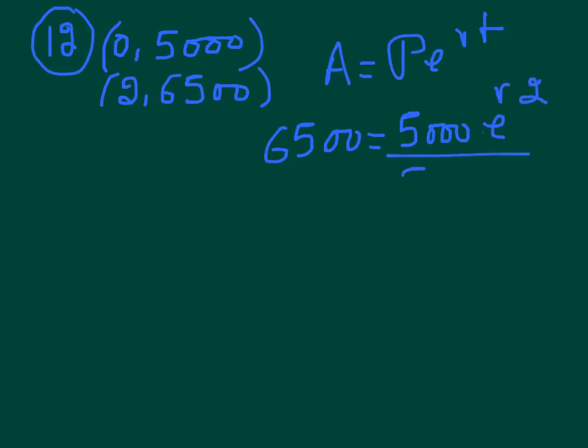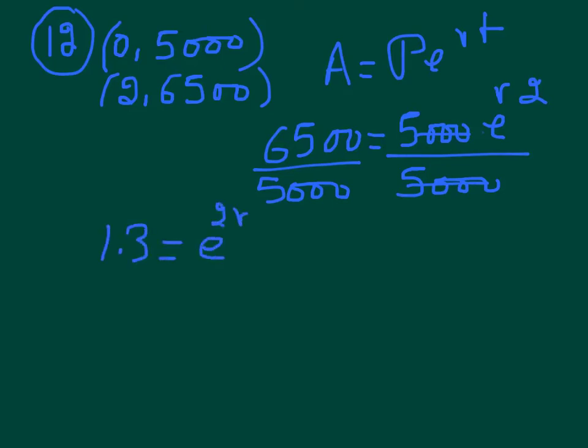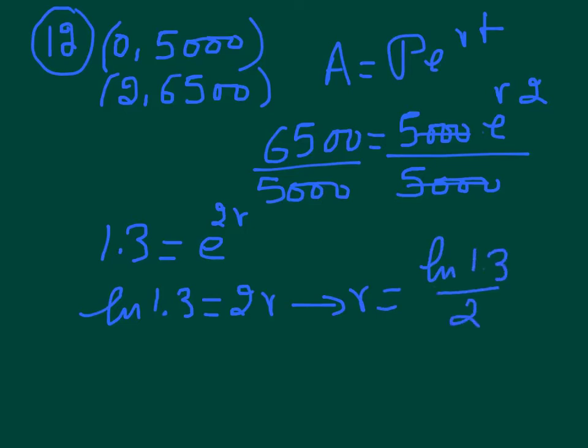If you divide by 5,000, you will know that this is 1.3 is equal to e to the 2r. ln 1.3 is going to give you 2r, and then if you solve for r, r is equal to ln 1.3 divided by 2. Be careful here, you're looking for rate. 4 decimal places gave me 0.1312.